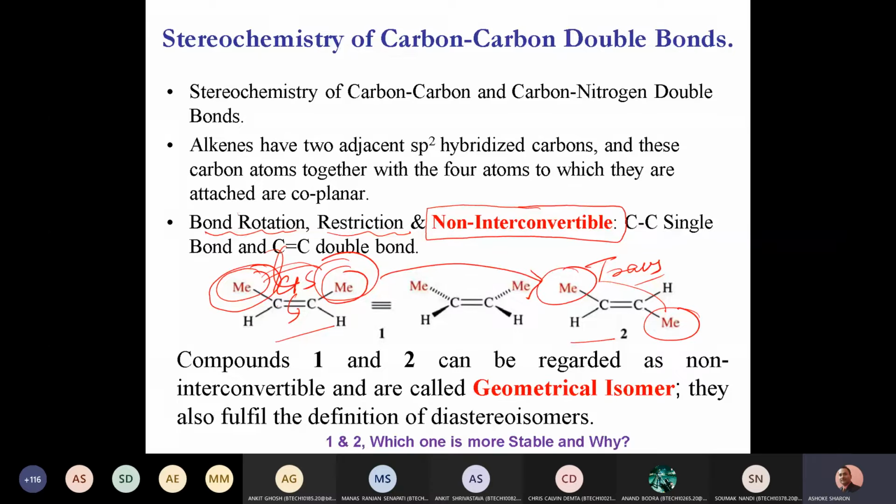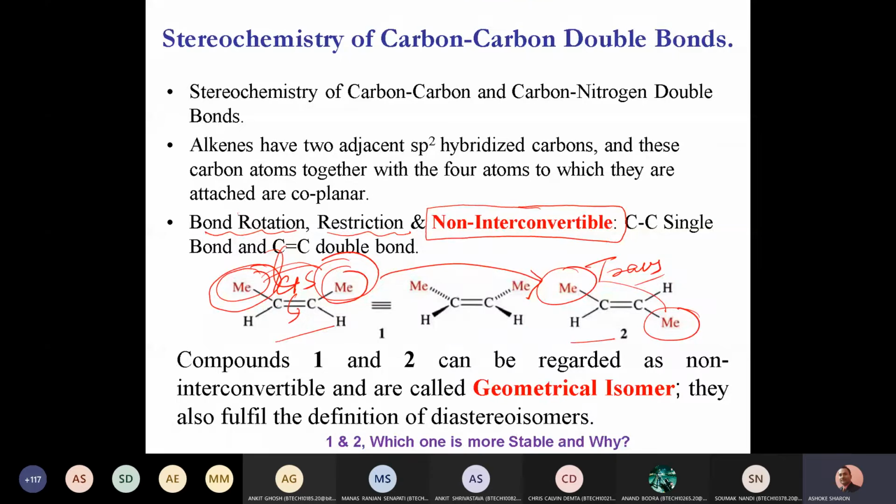Okay, so anyway, we are trying to understand cis and trans. Now let me tell you one thing. If you have a larger number of groups at this point, then it is very difficult to say cis trans. Why? Because with respect to what do we say cis trans?